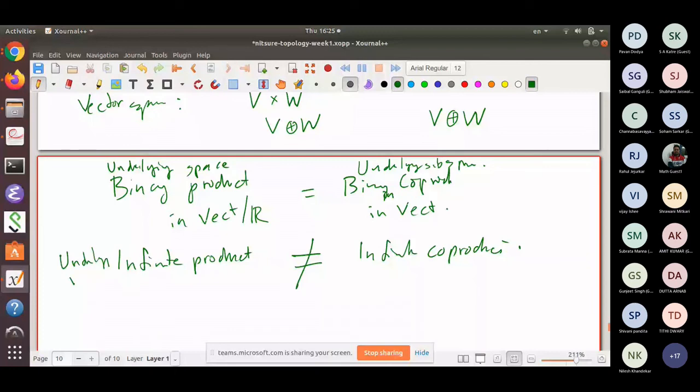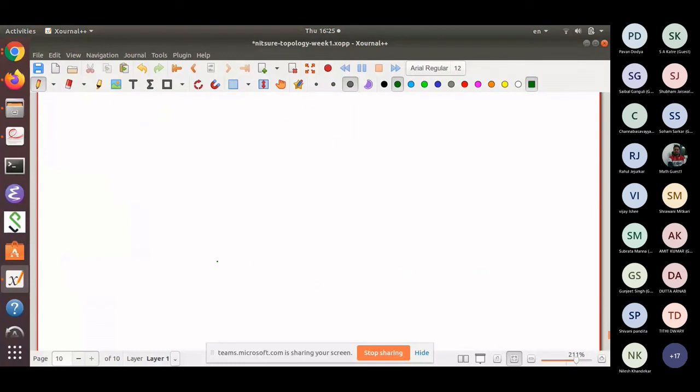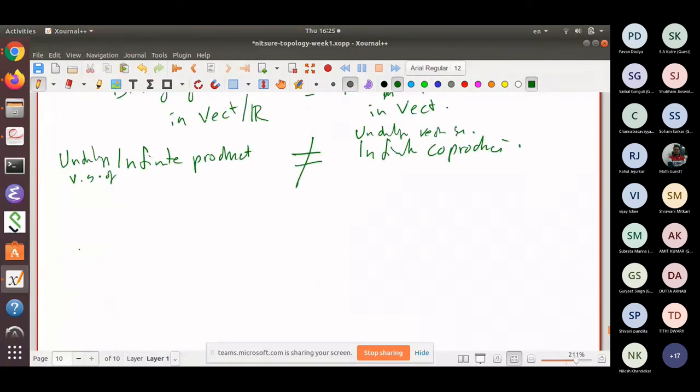See, for example, if each of my vector spaces is R and my indexing set is natural numbers. So suppose the indexing set is natural numbers and each V_i is R.